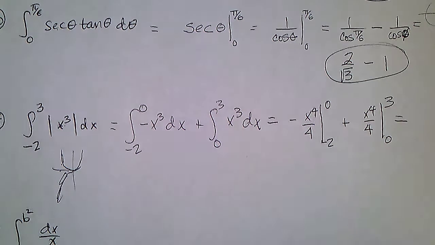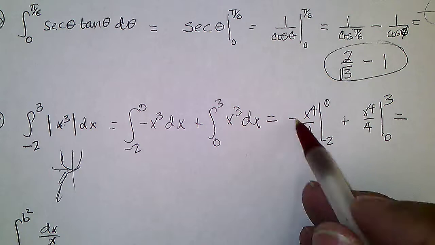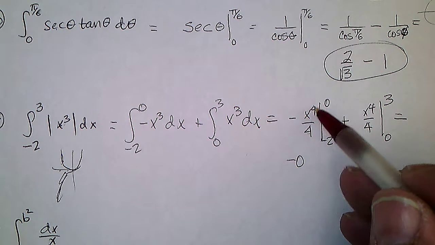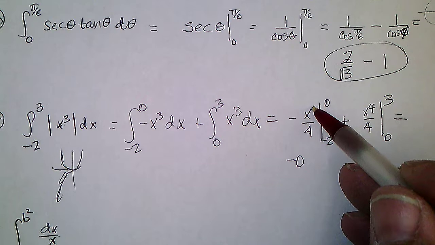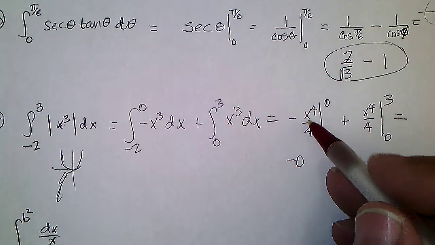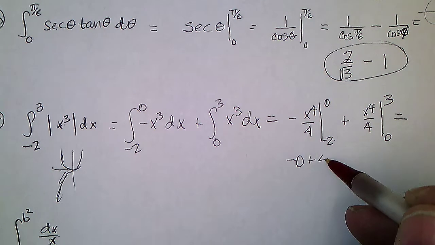That becomes 0 over 4 is 0, so we got minus 0. Put in minus 2, we get 16 divided by 4 is 4. 4 minus a minus, which should be plus 4.